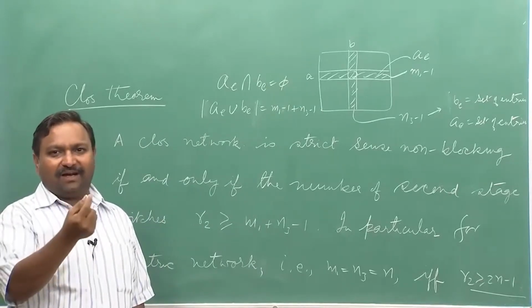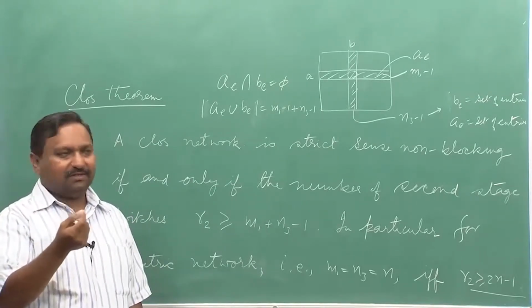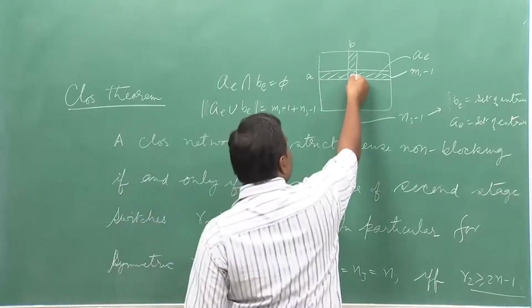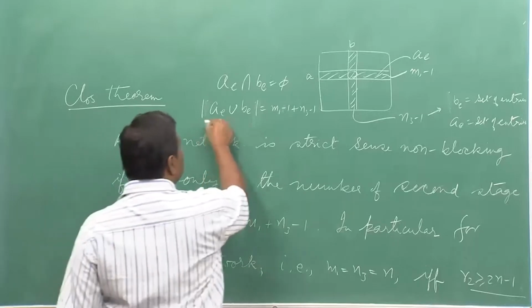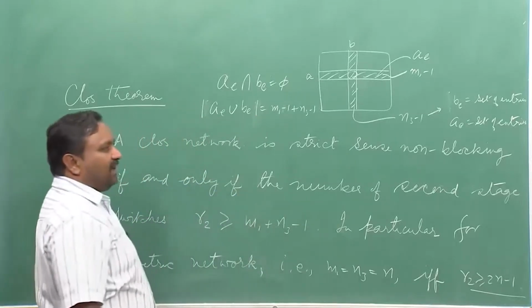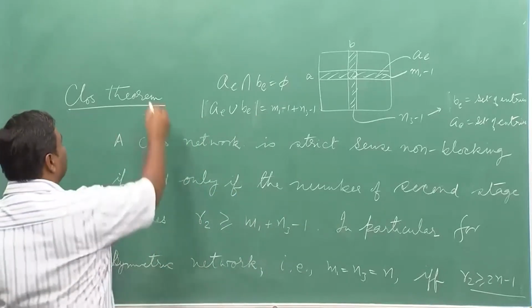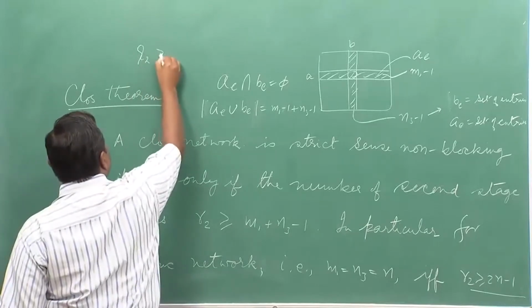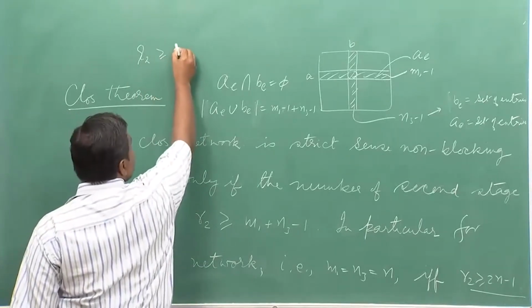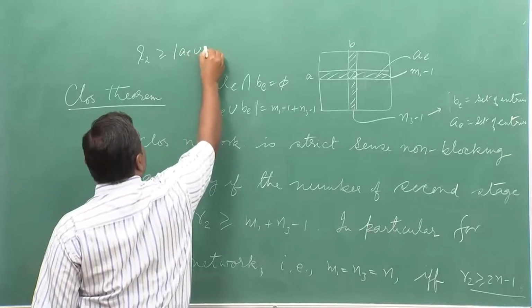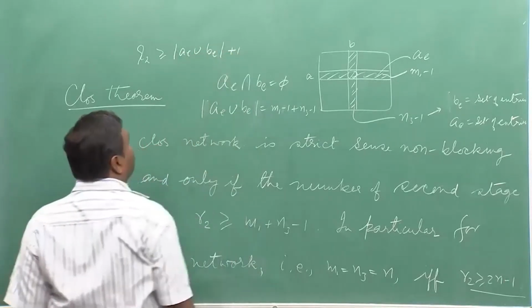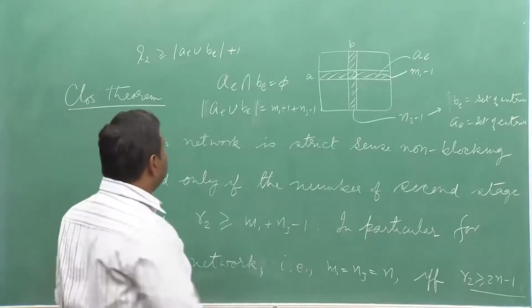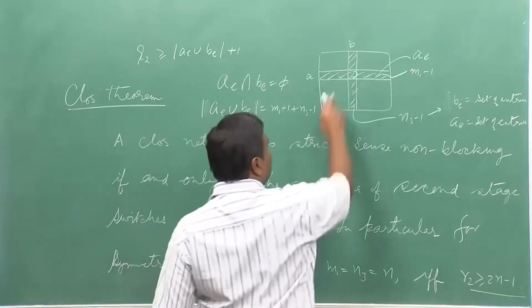I need one extra, if I have one extra switch, I can put that switch here, middle stage switch, which actually means whatever is the cardinality of this union, my middle stage switches R2 should be greater than or equal to cardinality of AE union BE plus 1. If that is true, then I can actually put that element here.